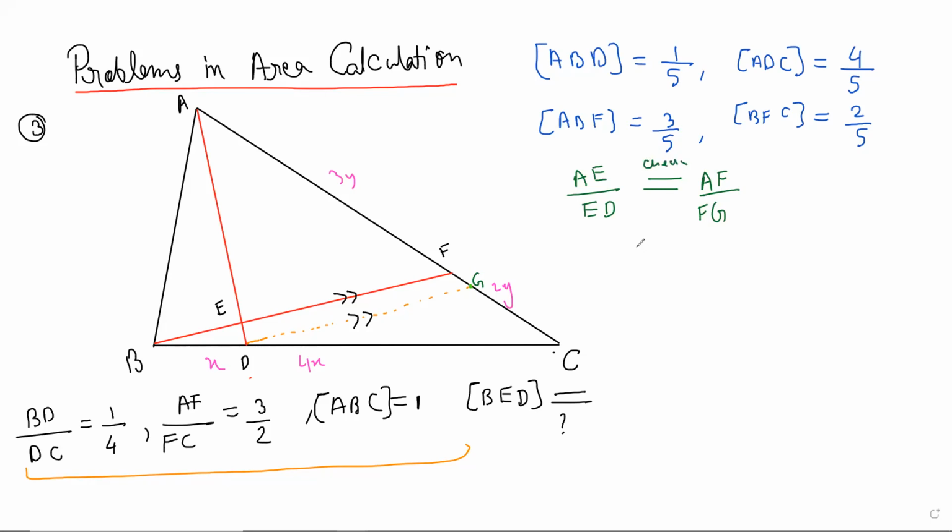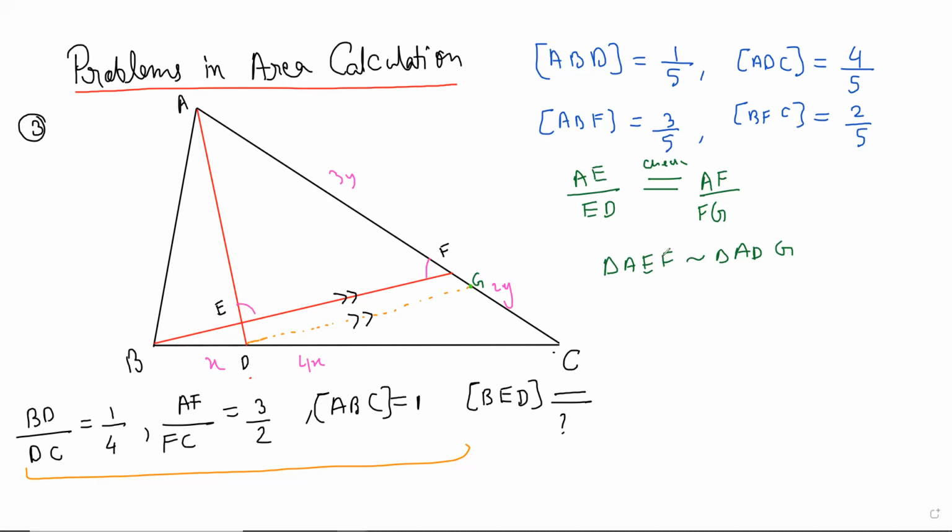Okay. So if you want to prove it, if you want to use similarity rules, you can say AEF is similar to ADG, right? Yeah, because I've not discussed similarity, so that's why. You know this, right?